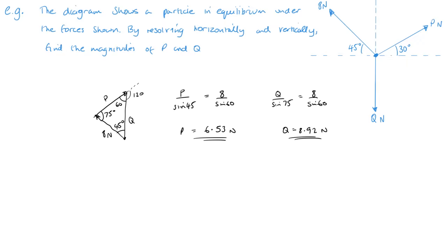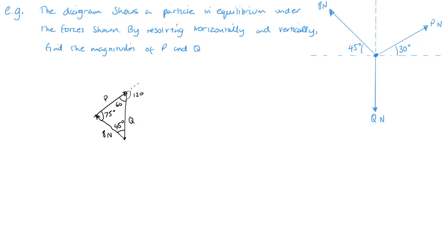So you can see when I've got just 3 forces, I can use this method to quickly solve them. Another variation on this method would involve not even needing to put it into a triangle.